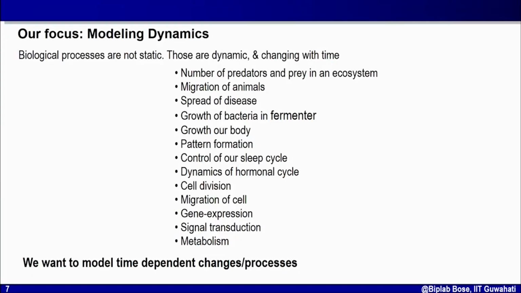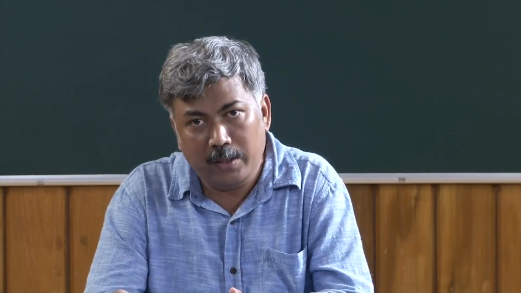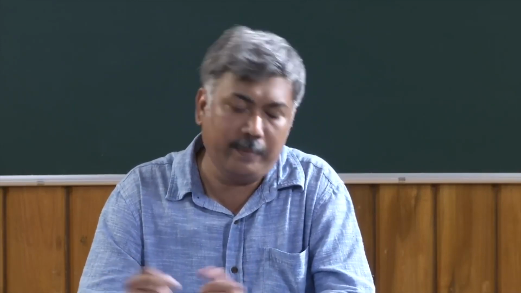So we will focus on building models for dynamical processes or systems in biology. And the most interesting thing is that the mathematical formulation, the mathematical techniques that we will use will be the same whether you are using it for a molecular level problem or you are dealing with a population level problem, for example, the dynamics of predator and prey in a forest. The techniques and the methods that we will use will be the same.